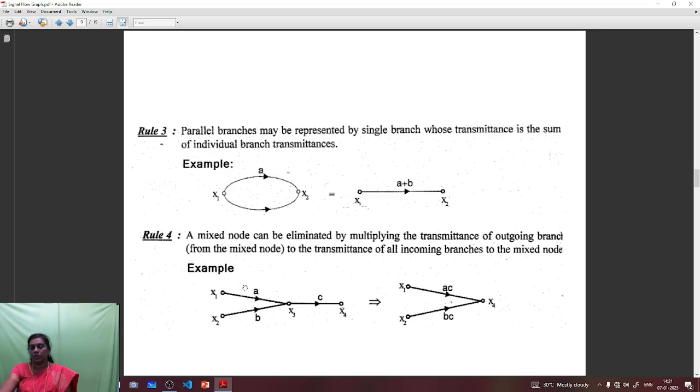We have to multiply these two gains, AC, and similarly in the second branch we should multiply B with C, so that we get the output at node x4. So we can eliminate the mixed node like this. So this can be given as rule 4.